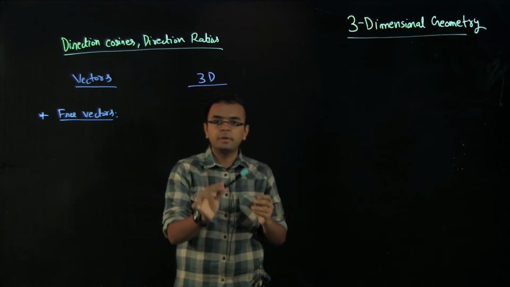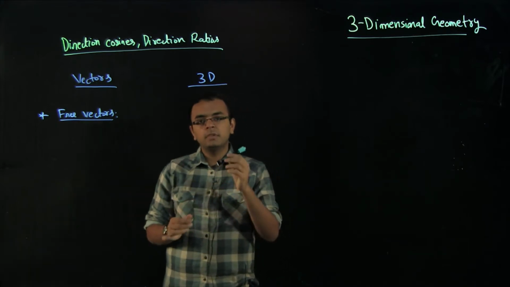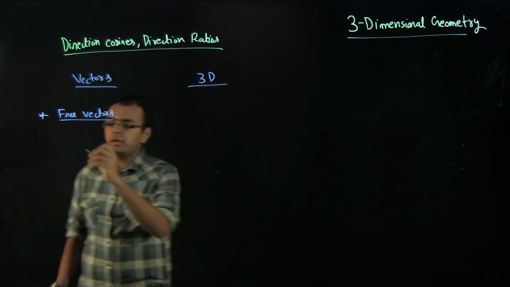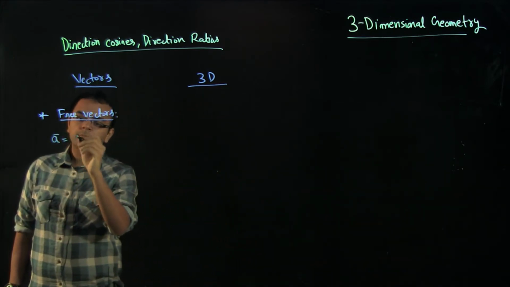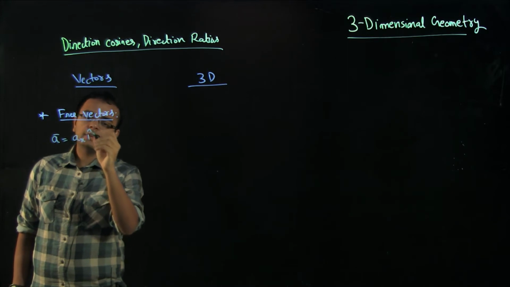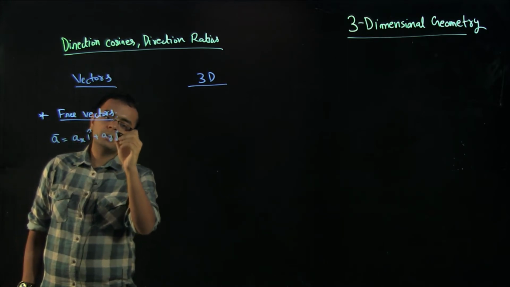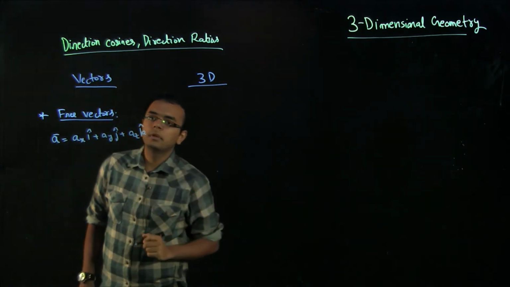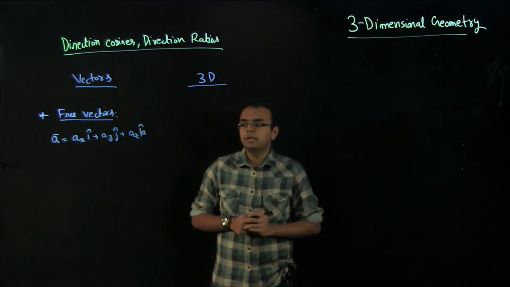Basically, it can move along the space, keeping the same length and the same direction. And if I call this vector A, it has ax i cap plus ay j cap plus az k cap. Okay, that is how we define free vectors.